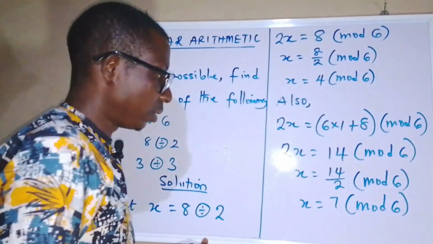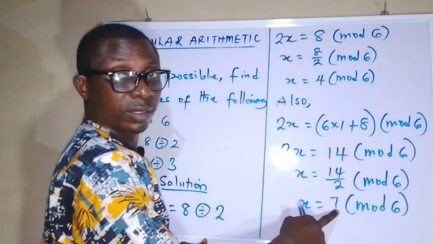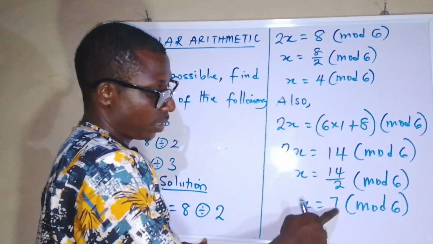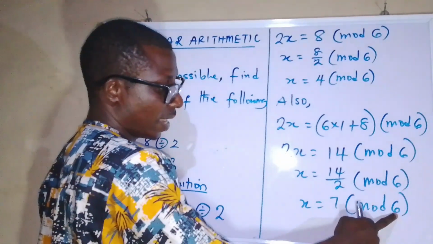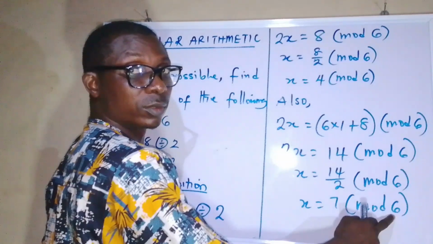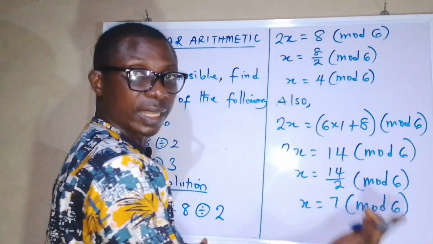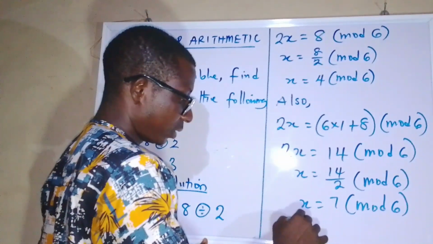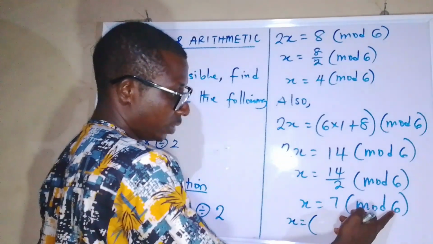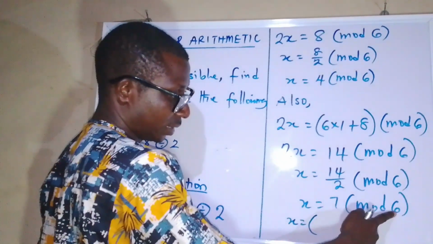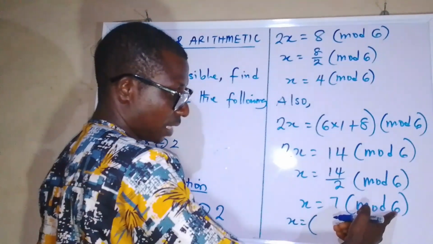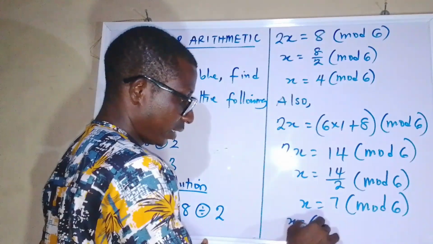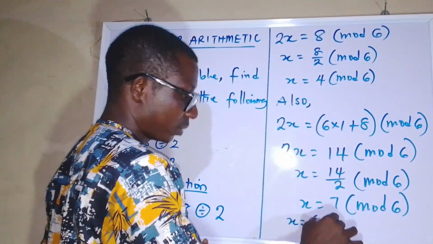You can't stop here, because this digit is bigger than the modulo, so you need to adjust. You divide this number by the modulo, and the remainder is the answer. When you divide 7 by 6, the number of times 6 goes in is 1, so you have 6 times 1.